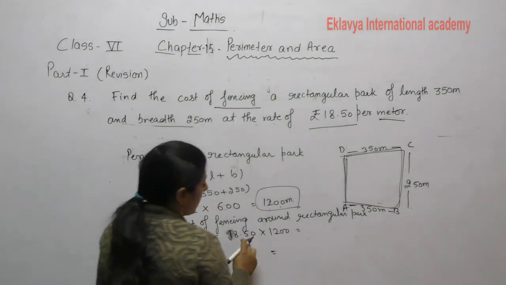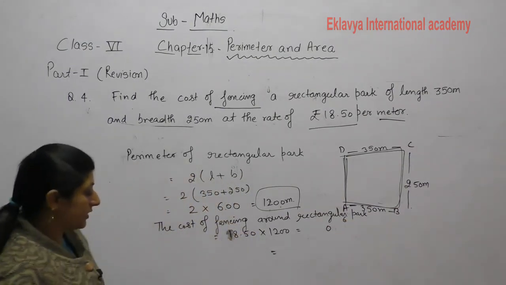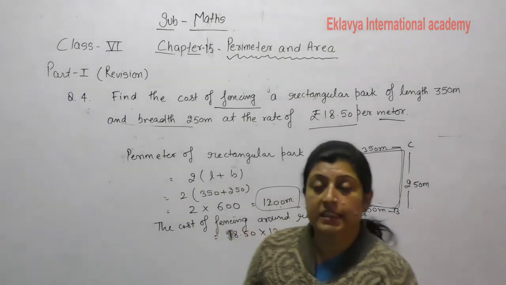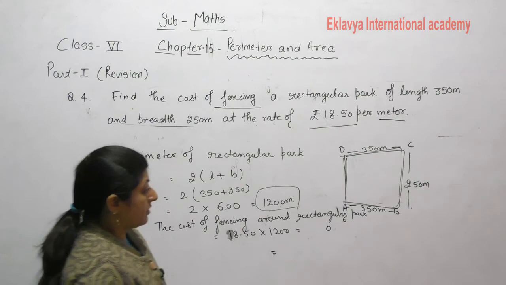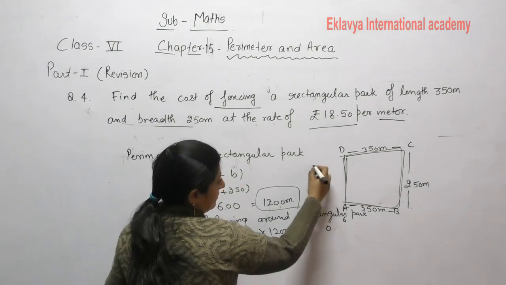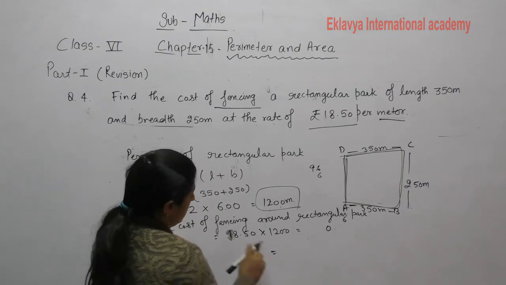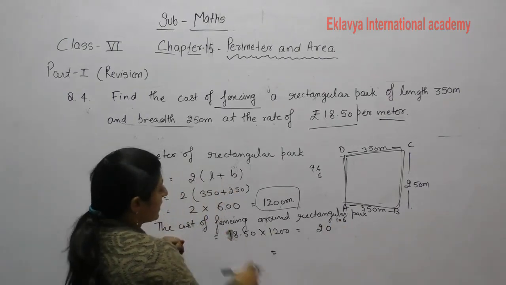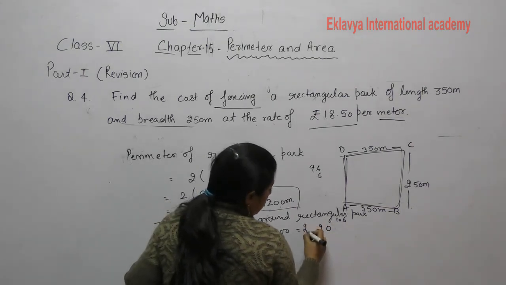Now do: 12 5s are 60, 12 8s are 96, 96 or 6, 102, 10 carry, 12 ones are 12, 12 or 10, 22.